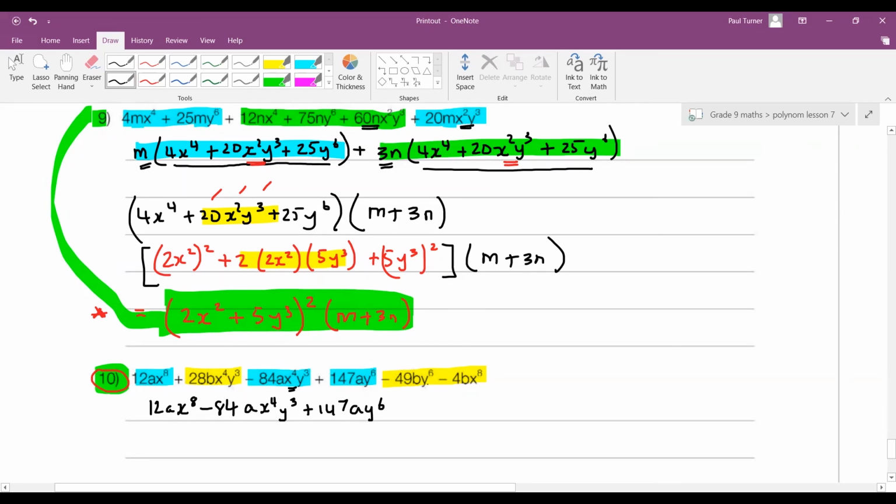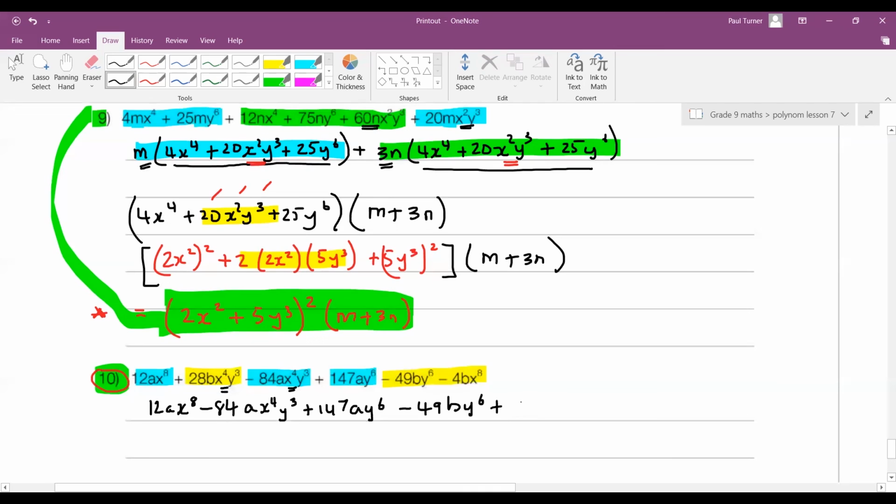And now we'll do the yellow. So we can put in the minus 49 by6 and do the combined variable in the middle.